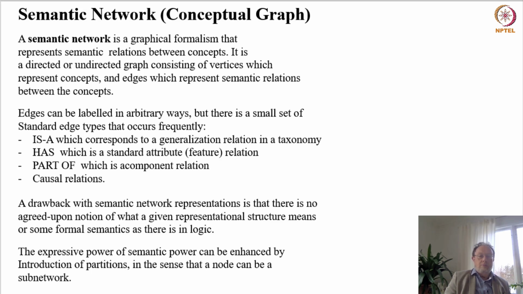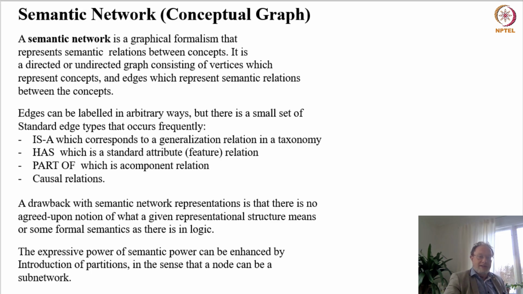So the edges can be labeled in arbitrary ways, which we'll see in the coming slide, but there is a small set of standard edge types that occur frequently in many of the cases developed. So ISA is a kind of relation which corresponds to what was described in an earlier lecture, a generalization relation in a taxonomy. Has is a standard attribute feature relation.